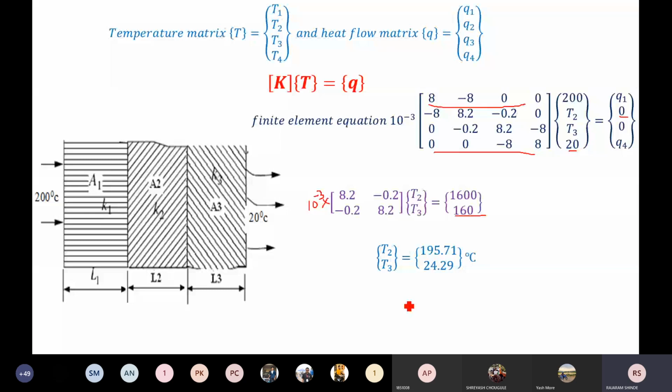After that, you put this T2 in the first equation and calculate Q1, and you put this T3 in the last equation and calculate Q4. What will you get here? Q1 and Q4. Now you tell me the values.